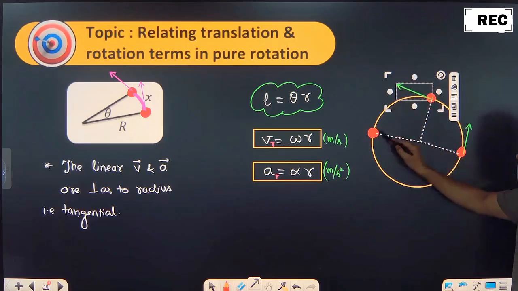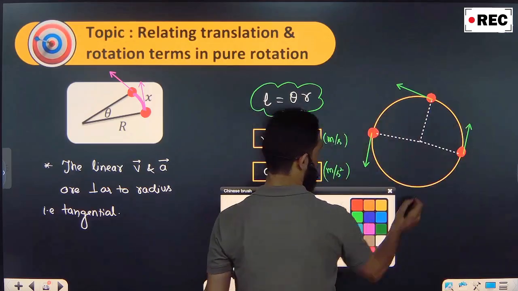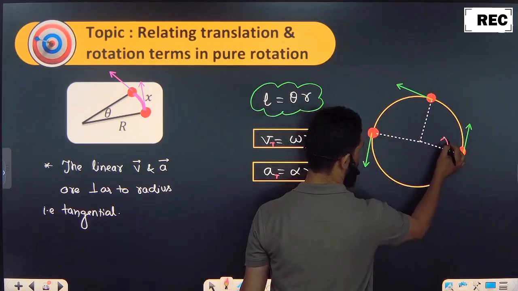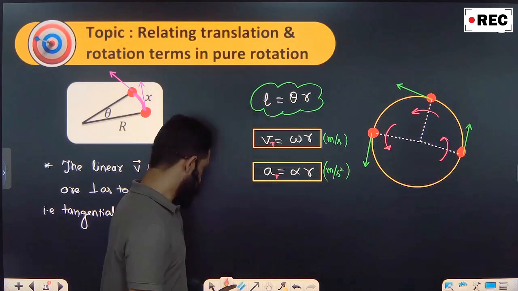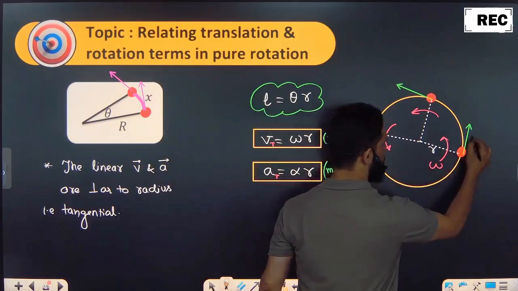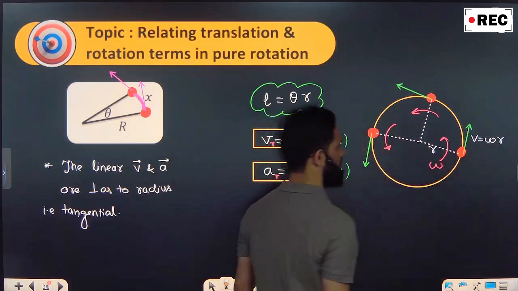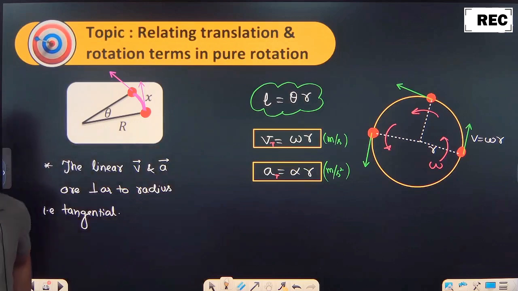It is tangential. These are the velocities, these are tangential velocities, right? We call them tangential velocities. If omega is this, omega is this, and the radius is r, what is its velocity? It is omega r. V is omega r. The same formula we will study multiple times in rotation also, right? V is equal to omega r.